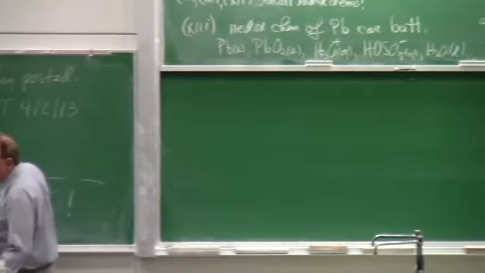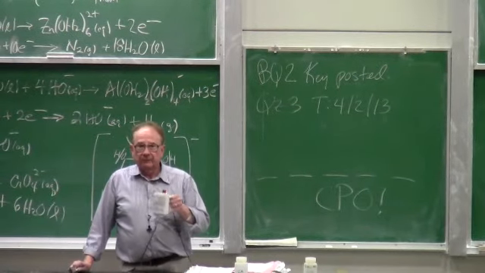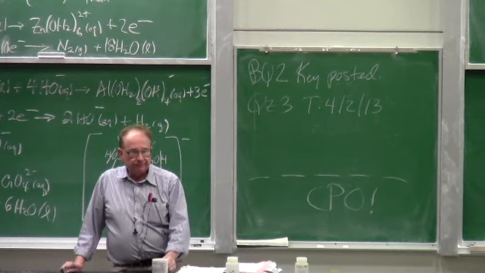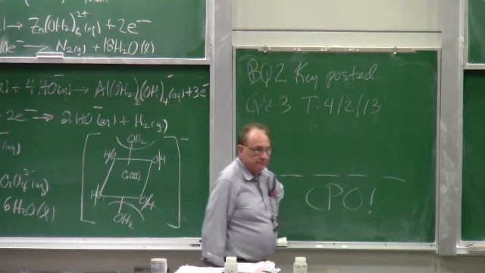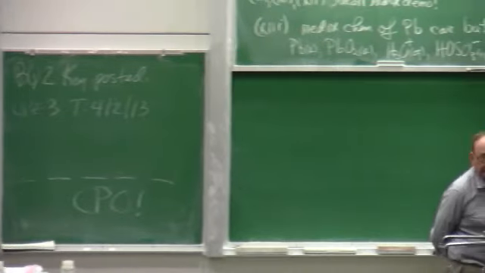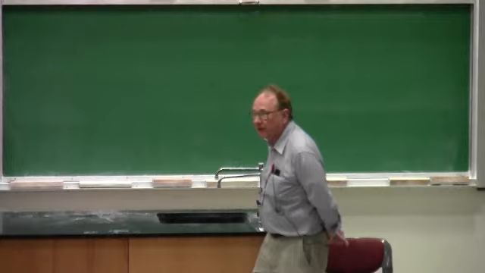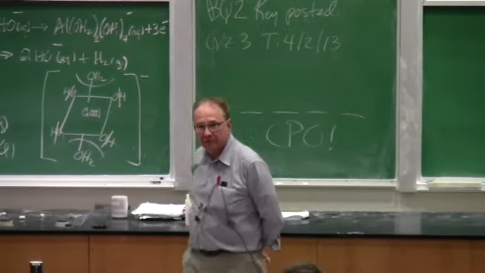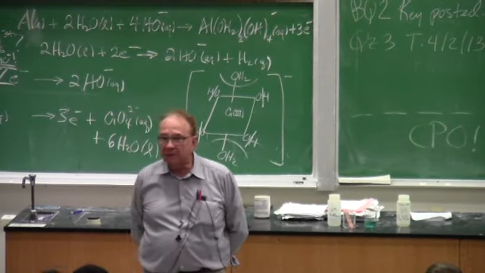What do you think your automobile generator does? What is the function of your automobile generator? Recharges the battery. Now, how does this process take place chemically? As you motor down the road, what does the generator do chemically?